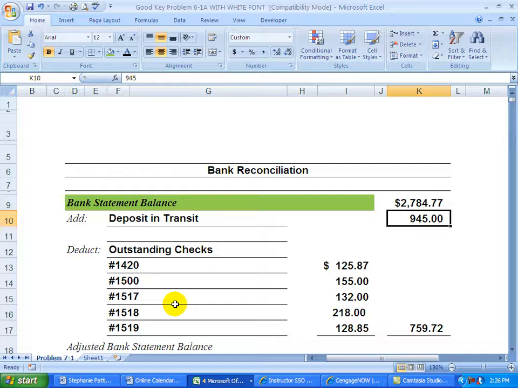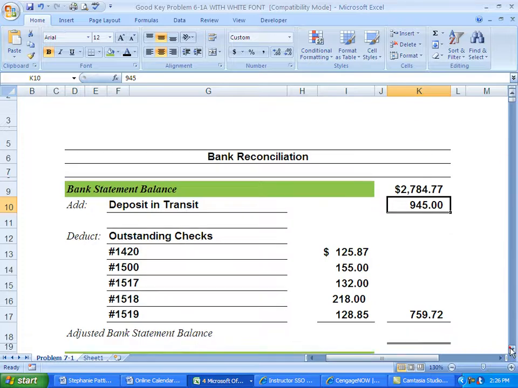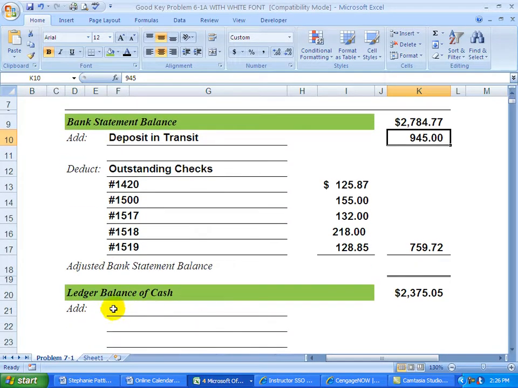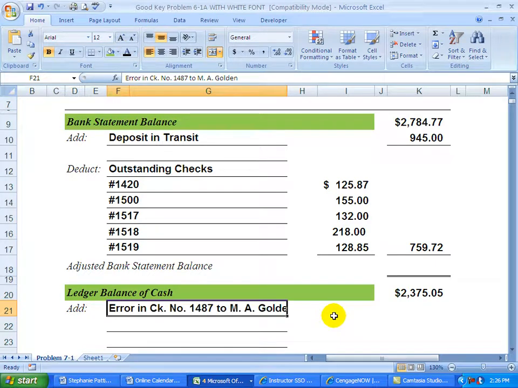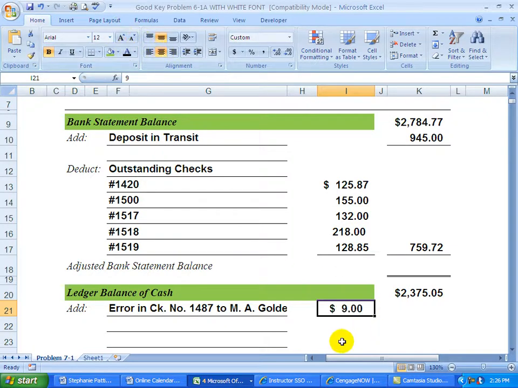So we took too much out of our checkbook and too much out of our cash account. We need to go to our ledger balance of cash and add back that money, and the difference would be $9. So we have to add $9 back.